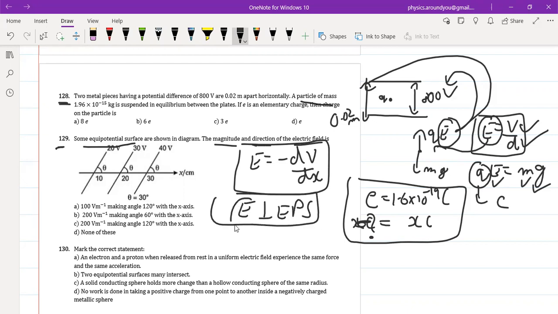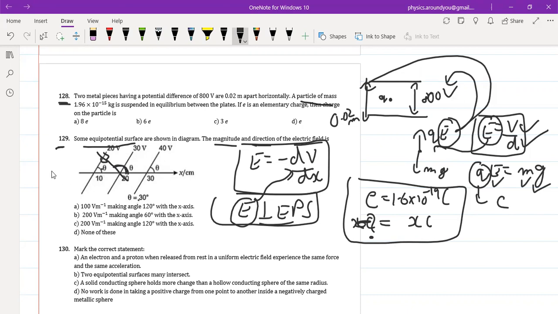So magnitude of electric field shall be taken care of by this dV by dx, whereas direction is from the property of electric field being perpendicular to equipotential surface. So how can I get direction here? If this is equipotential surface, electric field has to make an angle of 90 degrees with the surface, right?